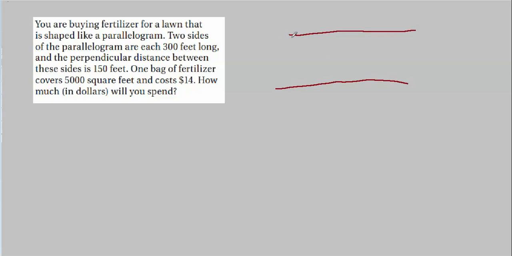Now if I finish these off here, this is like this, and this comes down like this. So that's there, and this part shouldn't even be here, should it? So this is 300. Our perpendicular distance, that's the part that we need, not this. So they gave us what we needed. That's cool. It's 150.